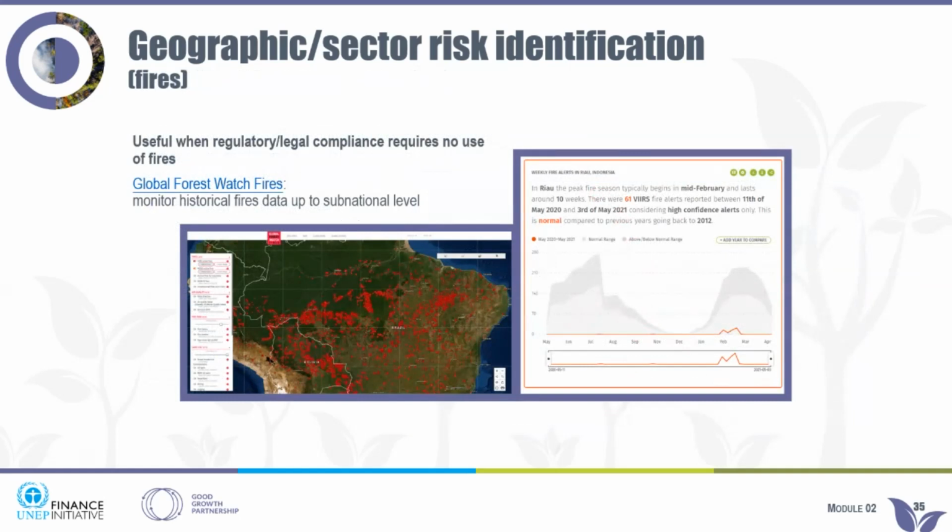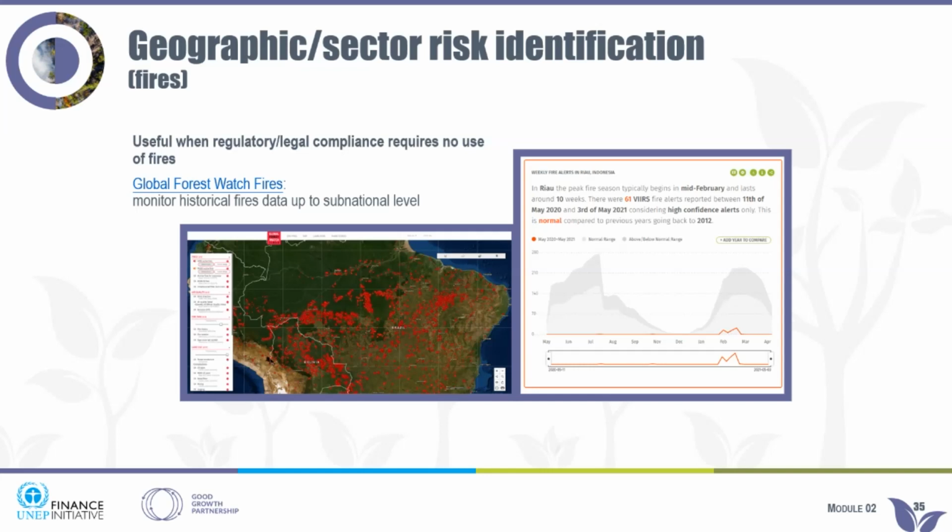So we've seen fire as well as another type of risk, also in the reputational risk section. A tool that can be used for identifying legal risk at a country and commodity level is Global Forest Watch fires.